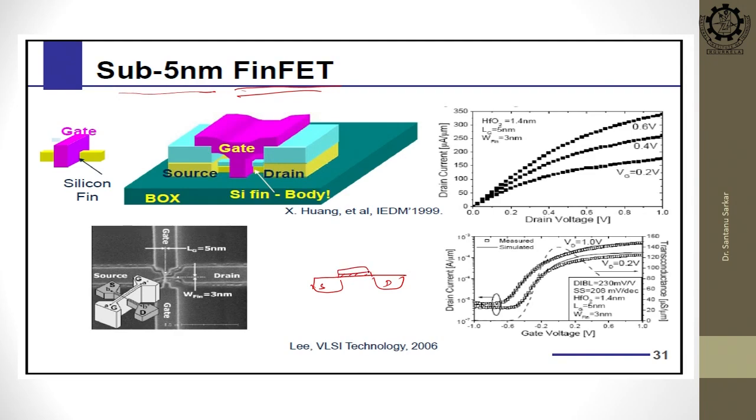It is not surrounding the channel, it is grown over. But in the case of FinFET, the gate is surrounding your channel, the channel is in between the gate. So, the control of the gate voltage is better in FinFET. FinFET has certain advantages over the MOSFET. Particularly in the sub nanometer range, FinFET is promising.